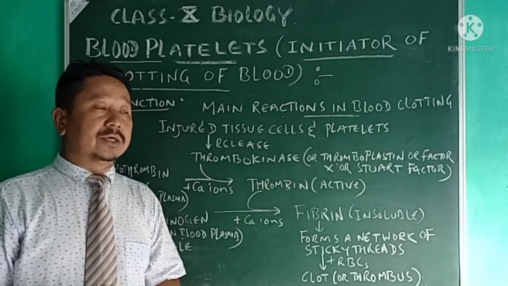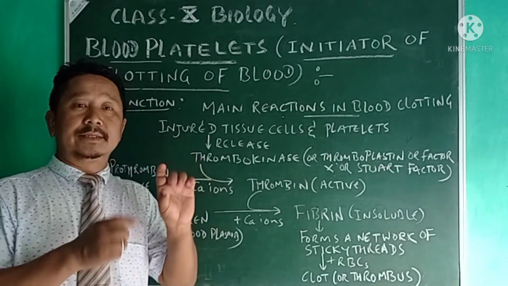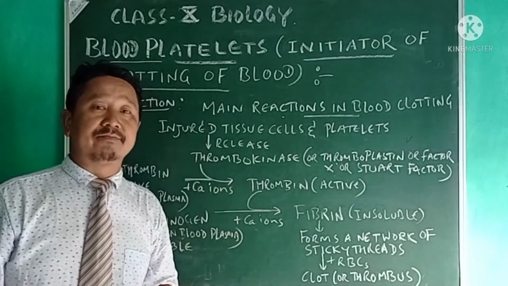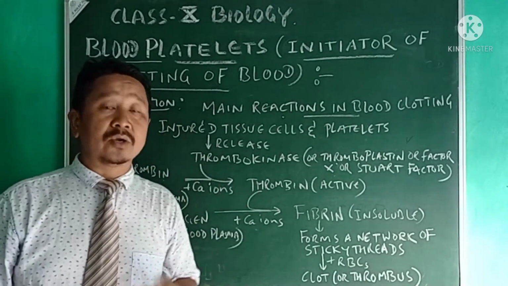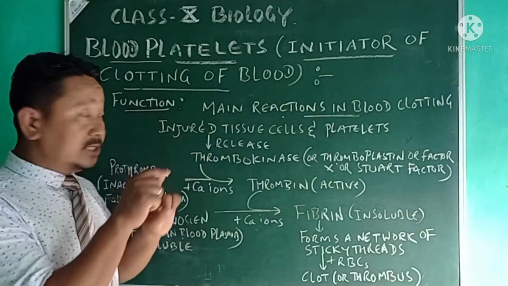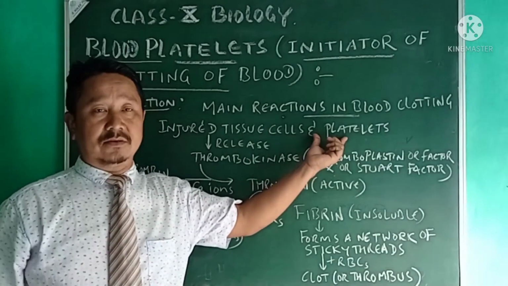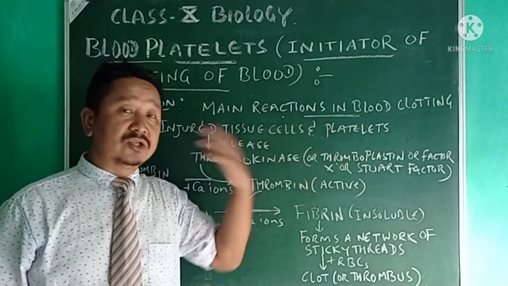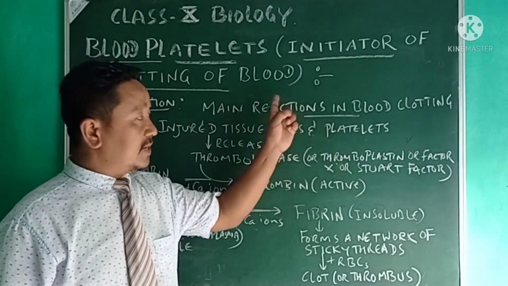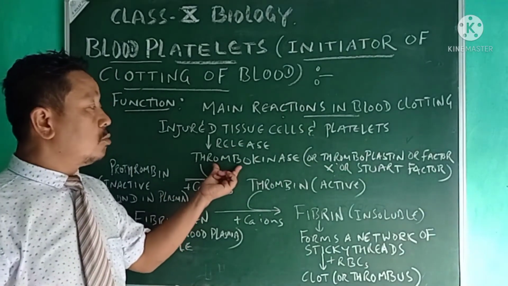Your blood flows when there is an injury, when some part is cut, from the region where the injury has taken place. When it is injured, the tissue cells and the platelets get damaged. When they are injured, the platelets release a kind of enzyme called thrombokinase.